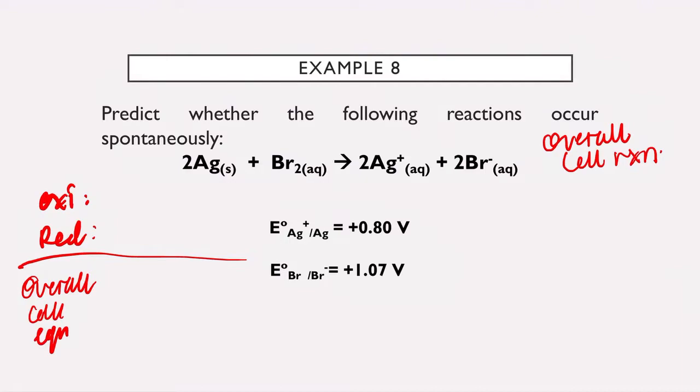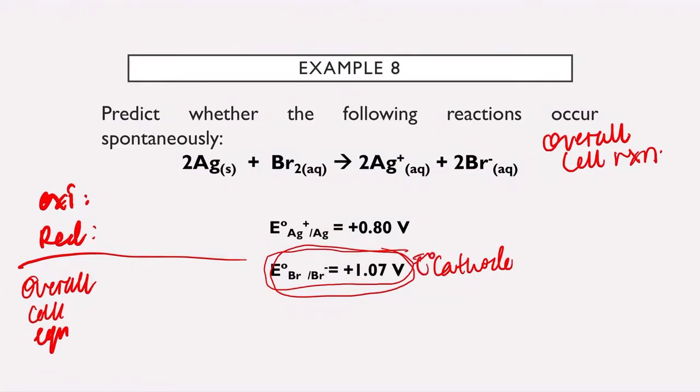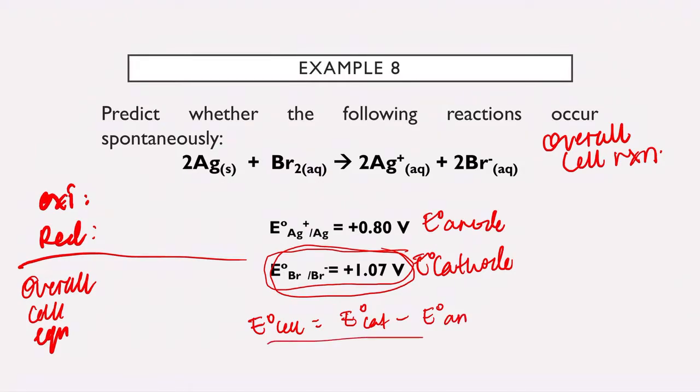It is bromine, Br2. So this will be your cathode, E naught cathode, and this will be your E naught anode. Can we use this formula? Yes, so just substitute. When you use this formula, you can directly put in your SRP values.